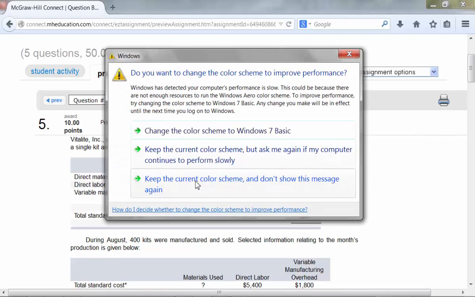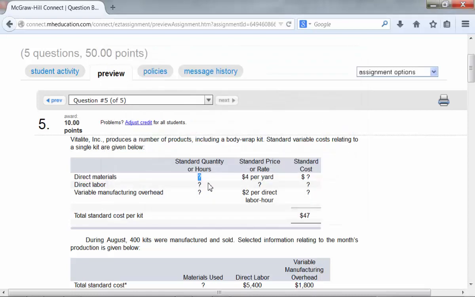But anyway, for one kit, how many yards of direct materials does one kit use?